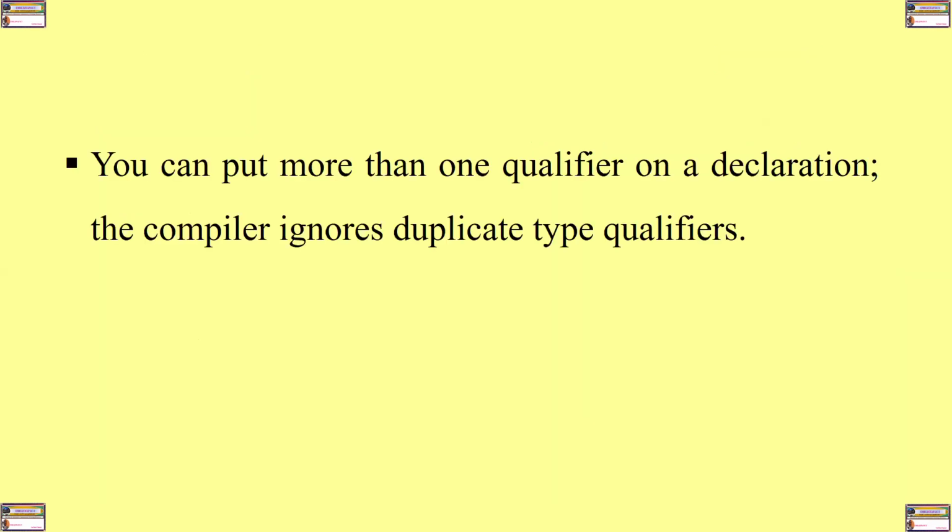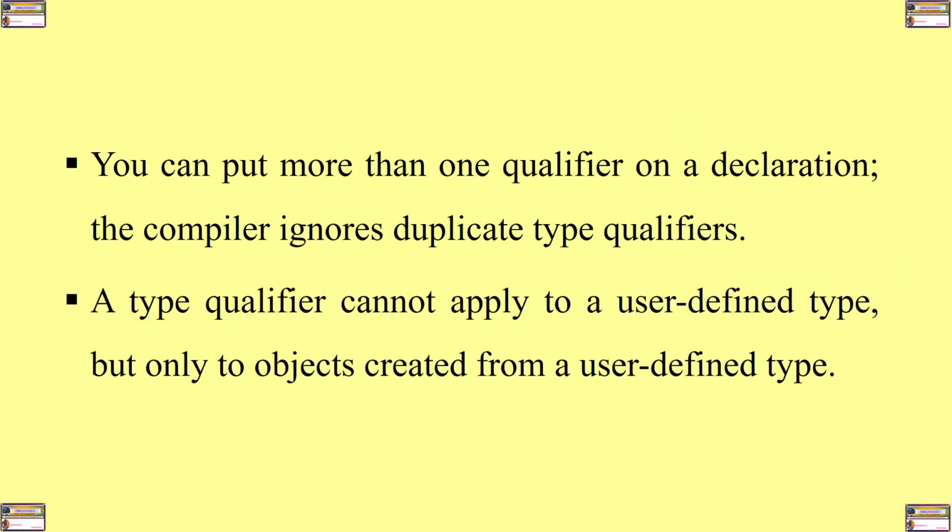You can put more than one qualifier on a declaration. The compiler ignores duplicate type qualifiers. A type qualifier cannot apply to a user-defined type, but only to objects created from a user-defined type.